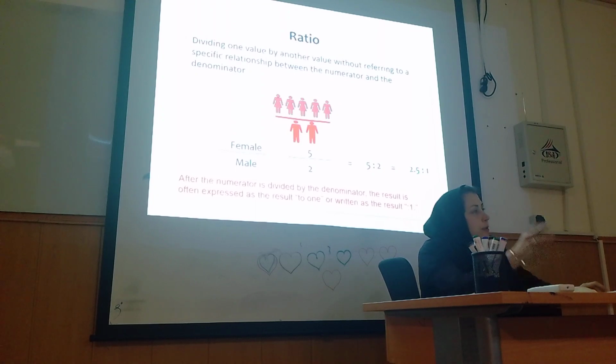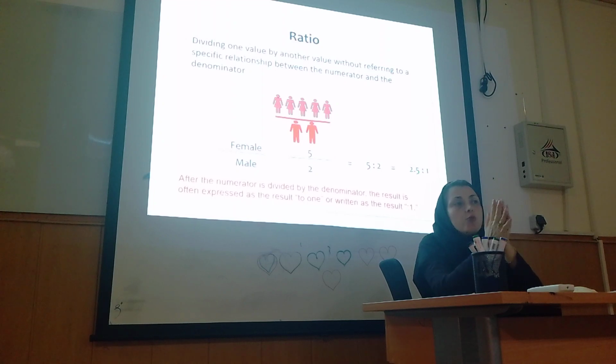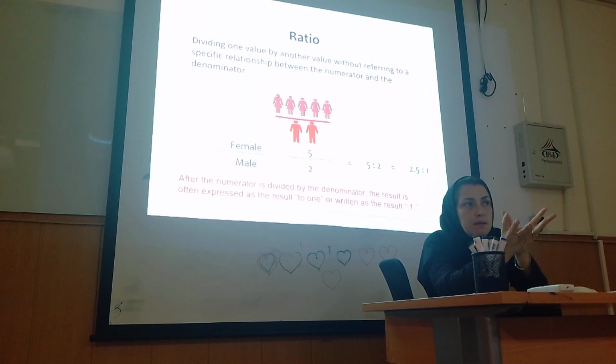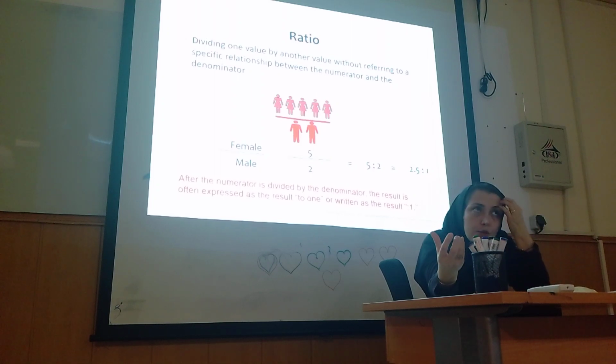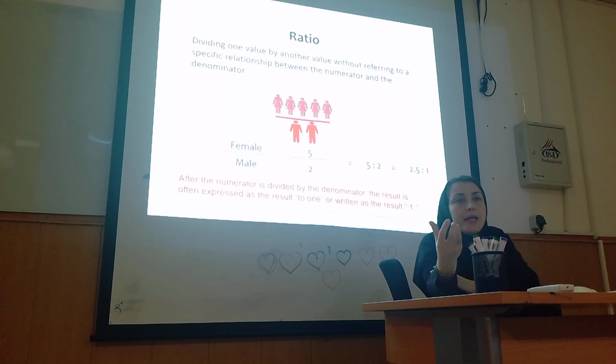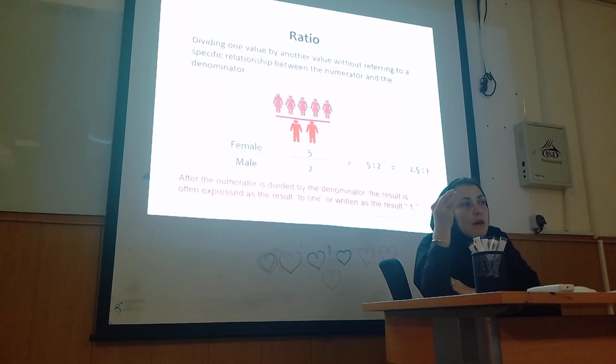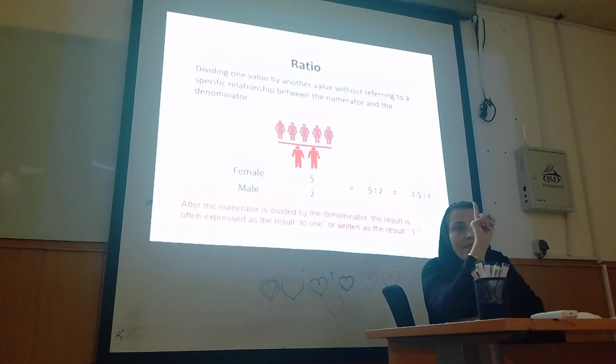What are the properties and uses of ratios? How can we use them? For example, in a medical setting, you may want to explain the number of hospitals per population. You may say that, for example, per 1,000 population we have one hospital.